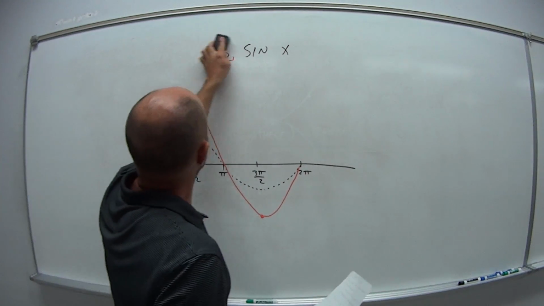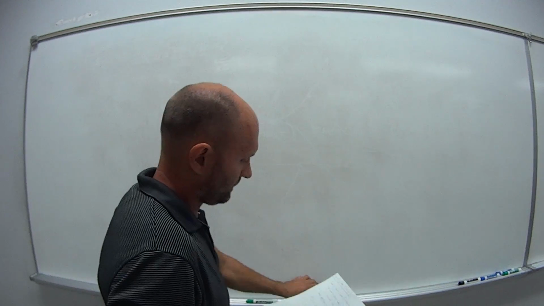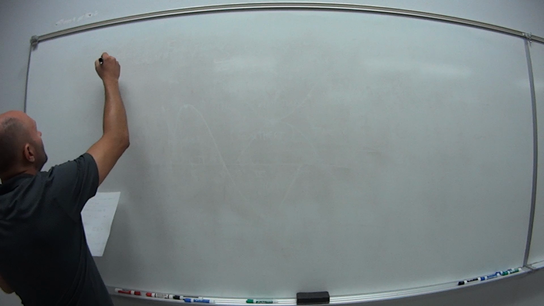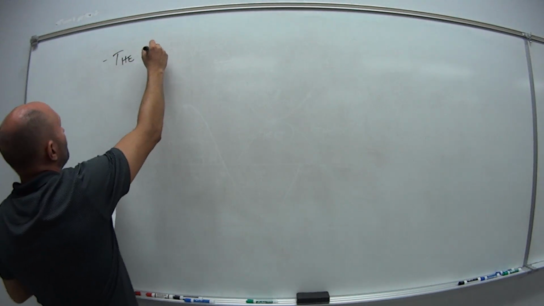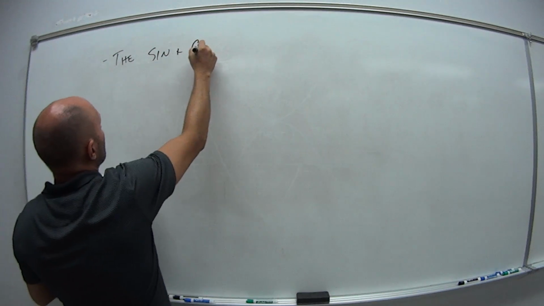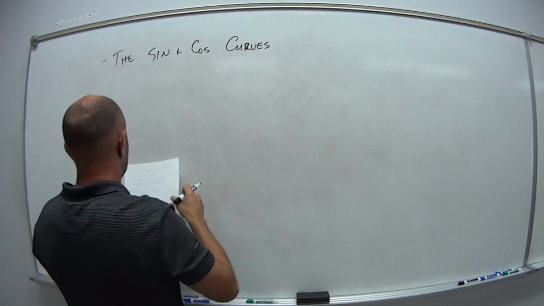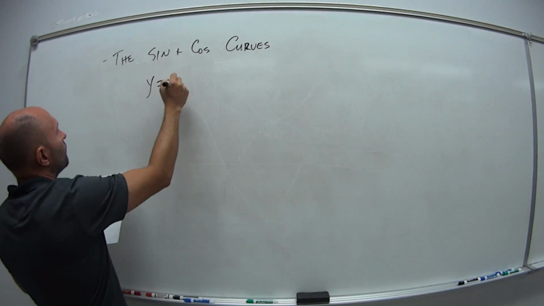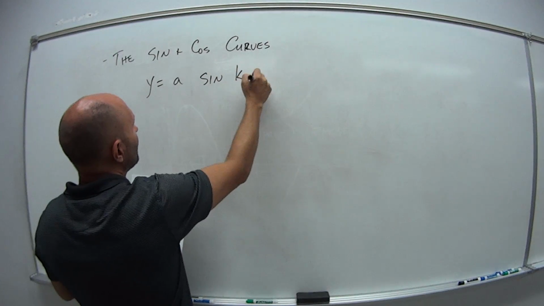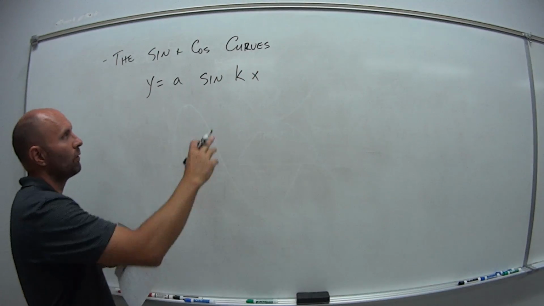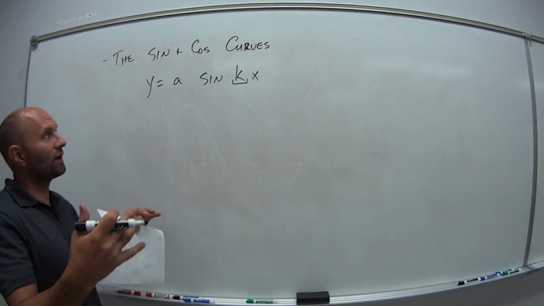Now let's talk about period for a little bit. So the sine and cosine curves, so y equals a sine of kx. So now what we've done is added another value here inside the function.